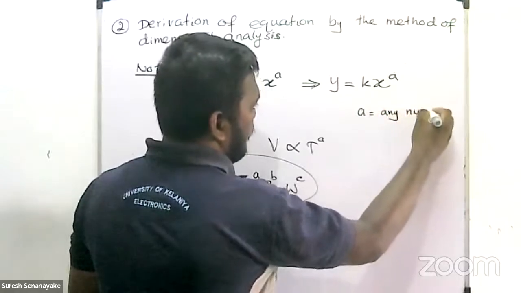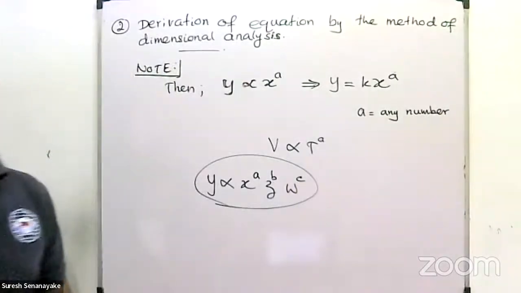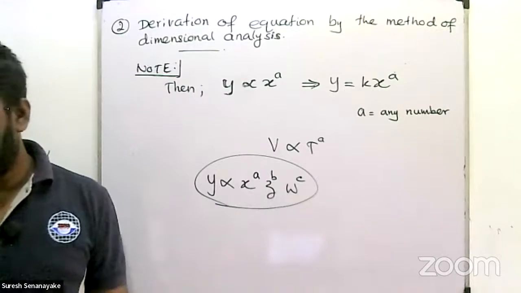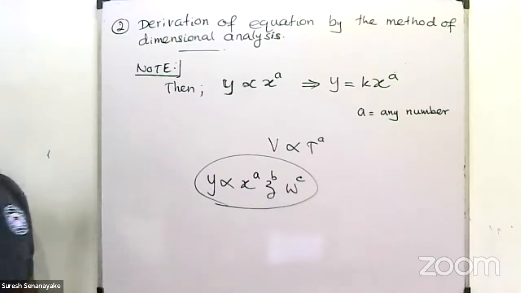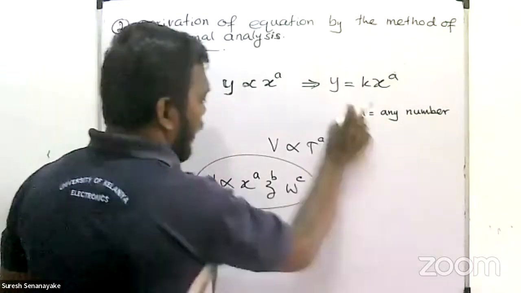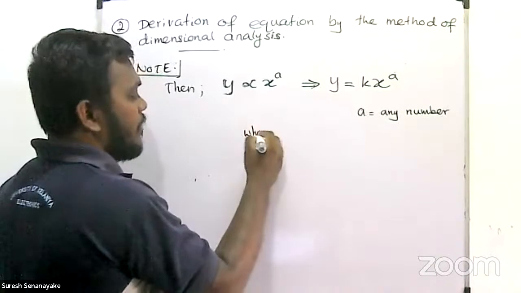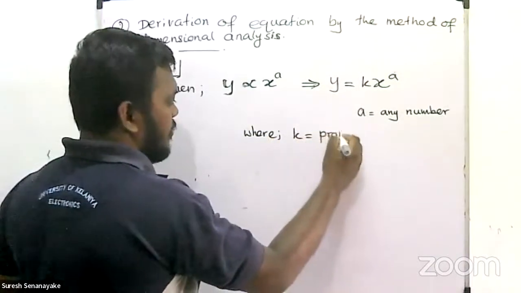Here a may be any number, any fraction, any value. And k is the proportionality constant.